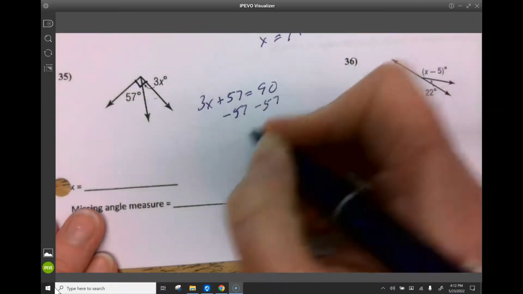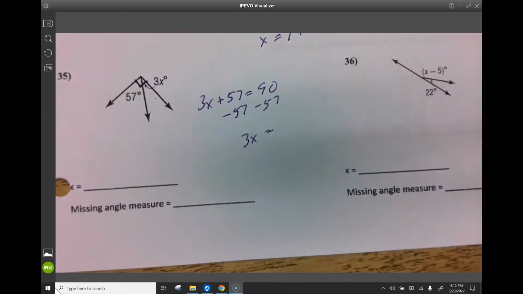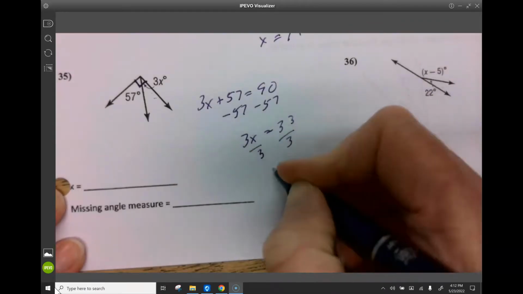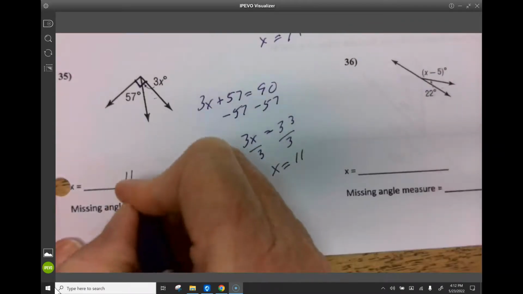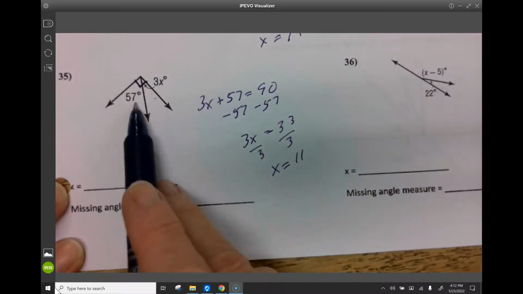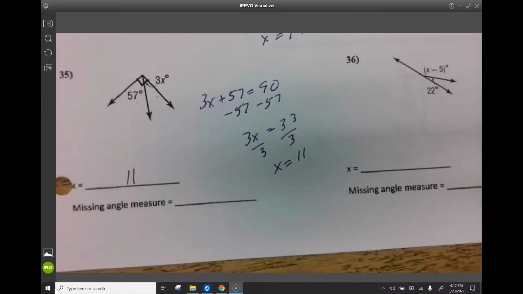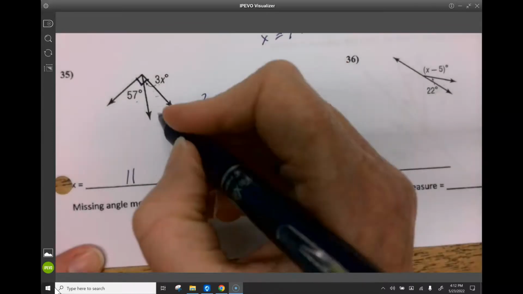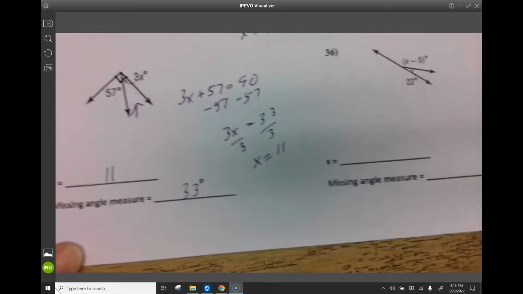So now I'm going to solve that equation. Subtraction 33. Oh, that came out nice. Look, divide by 3 and I get x is equal to 11. The missing angle, well, I could have just taken 90 minus 57, or I can take 3 times 11 and get 33. That's what this angle is equal to, 33 degrees.